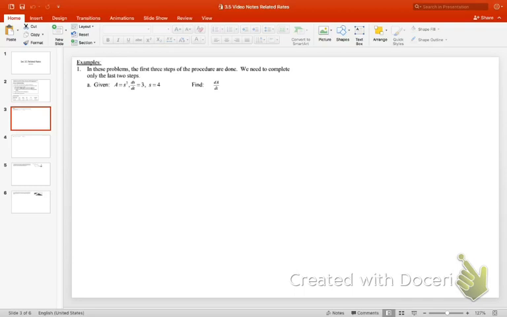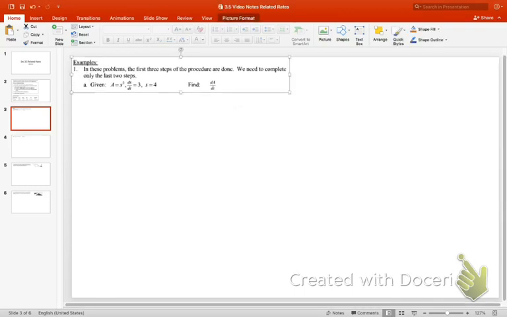And then we want to find, let's go to writing on this. Okay, we want to find dA dt. So the rate of change of the area with respect to time if our side length's rate of change is 3. All right, so we know what we're given, and we know what we have to find.